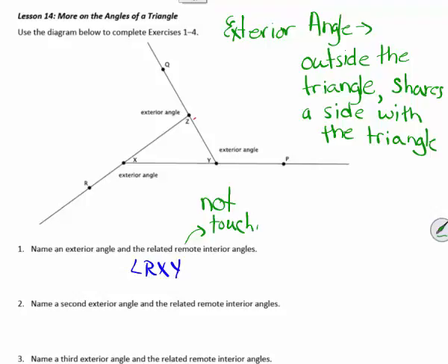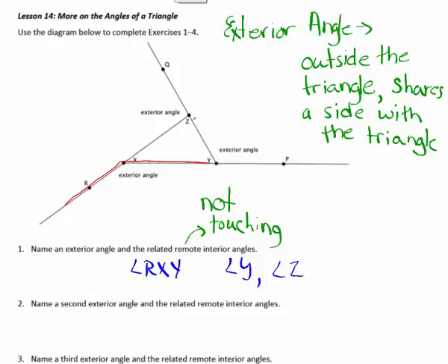The angle that we just talked about right here touches X. It doesn't touch the Y and the Z angles. So the remote angles are angle Y and angle Z.